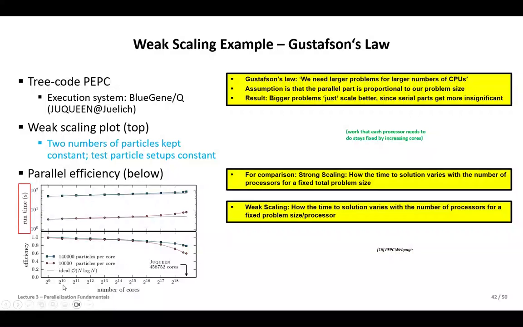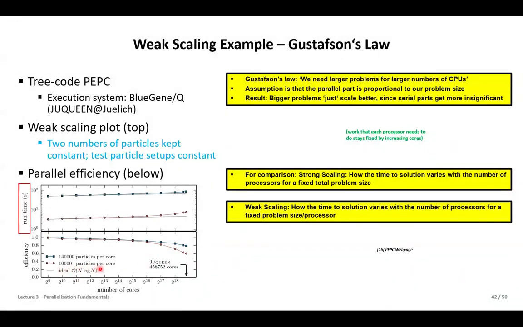Now, what we keep here basically is the work for the processes, right? We say we use more and more processes, but we keep the number of particles per core. So hence, we keep them loaded. We keep them active, working. And of course, the runtime is different from the amount of particles per run, but you also see the difference tail off, especially in efficiency.